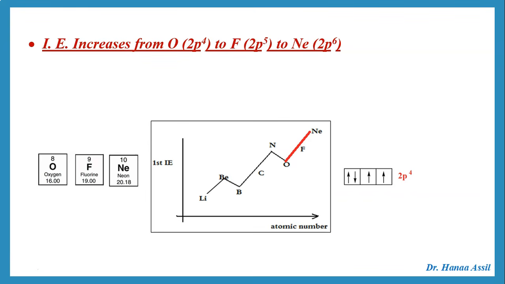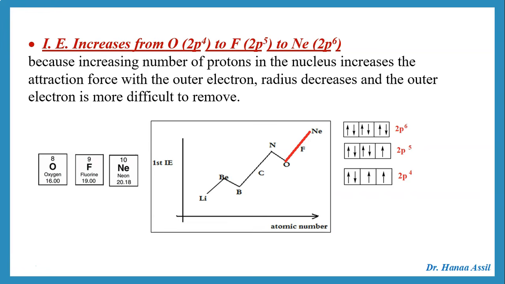And that means when we're removing from oxygen, we're removing one of the paired electrons. Now, in the 2p, we have more electrons. In the neon, we have a completely filled, stable sublevel. So increasing the number of protons in the nucleus increases the attraction forces with the outer electron.